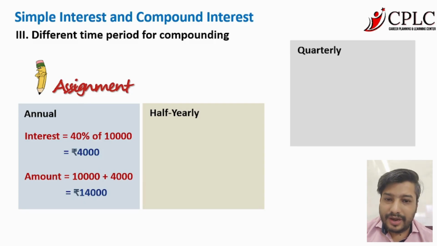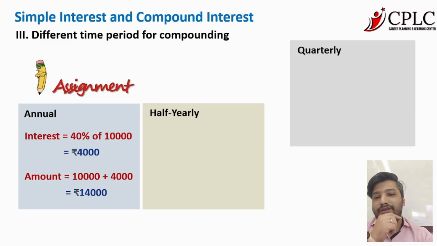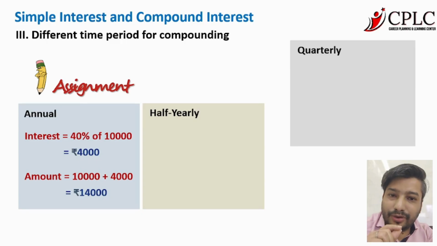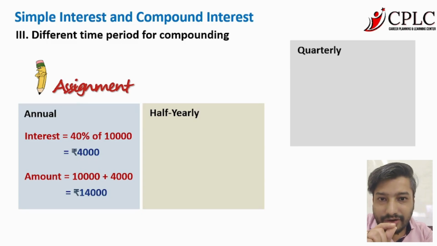If half yearly, you have two options now. You can split this every 6 months and do it manually and then get your answers by adding all the data points. But if you remember in the earlier part of the concept, you have learned something called successive percentage. Here we are going to do 20% rate of interest 2 times, because of half yearly compounding.